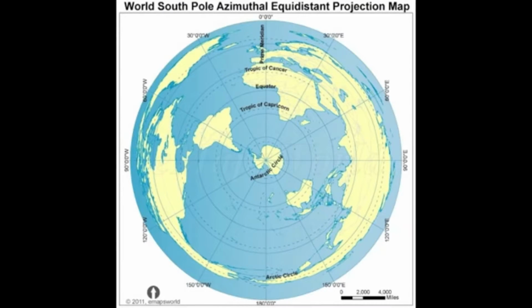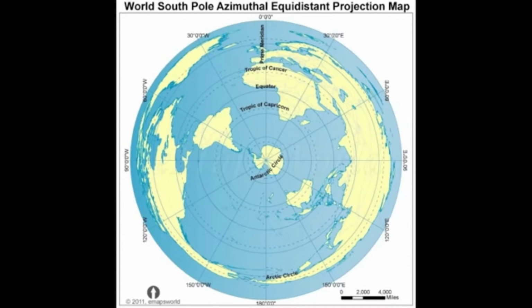This is supposed to be a projection if you were looking at the South Pole from the bottom. And if the South Pole, Antarctica, was in the middle of the map, and the North Pole is the ring around the world. Look at these continents. Does this look like anything you've ever seen before?